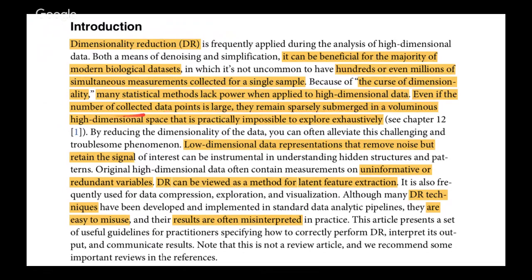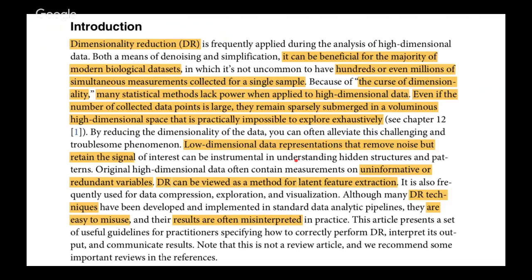Even if the number of collected data points is large, they say that there are still good reasons to use dimensionality reduction. They remain sparsely submerged in a voluminous high-dimensional space that is practically impossible to explore exhaustively. And so they say low-dimensional representations can remove noise and retain signal, and those will be available for further analysis of the data.